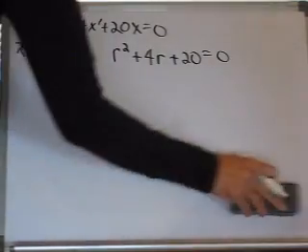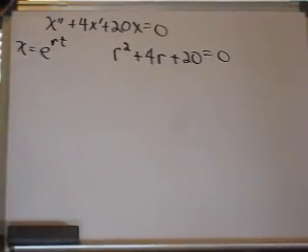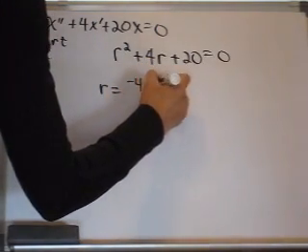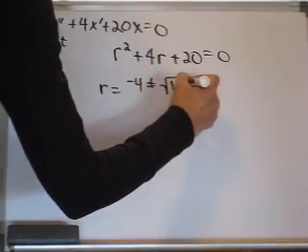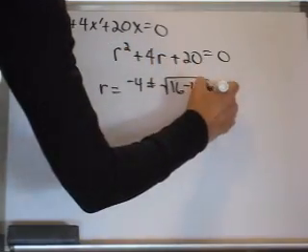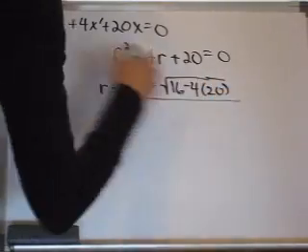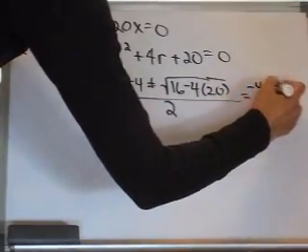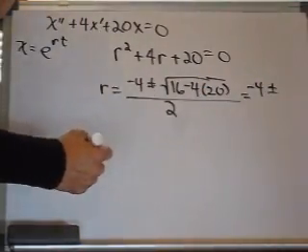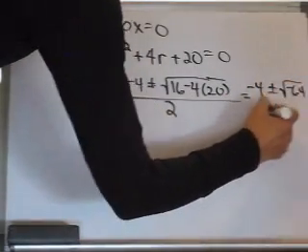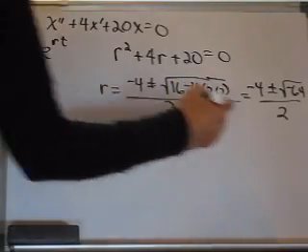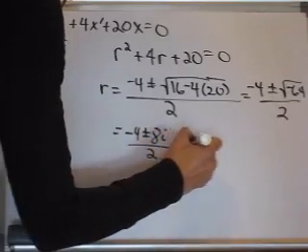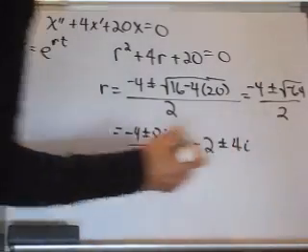Then I can use the quadratic formula, since that doesn't factor nicely. r equals the opposite of 4 plus or minus the square root of 4 squared, which is 16, minus 4 times 1 times 20, over 2 times a, which is 1. So r is negative 4 plus or minus the square root of 16 minus 80, which is negative 64, over 2. This is negative 4 plus or minus 8i divided by 2, or negative 2 plus or minus 4i.